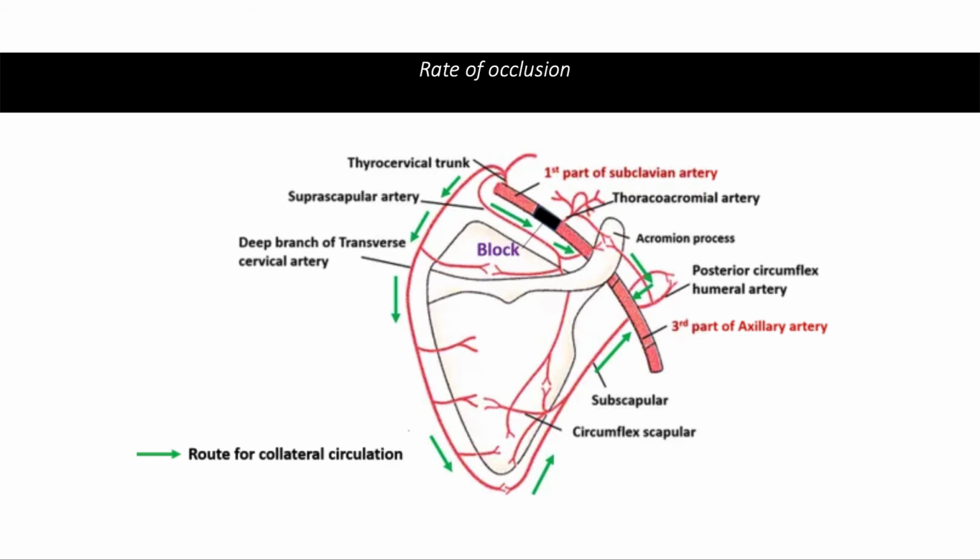Slowly developing occlusions are less likely to cause infarction because they allow time for the development of collateral blood supplies. For example, small interarterial anastomoses, which normally carry minimal blood flow, interconnect the three major coronary arteries.